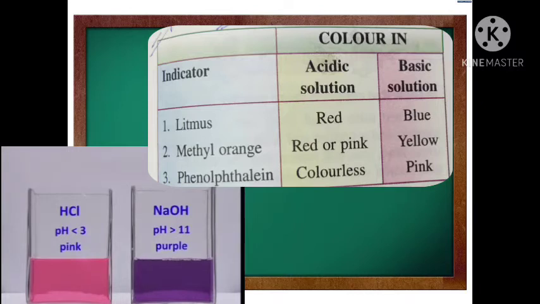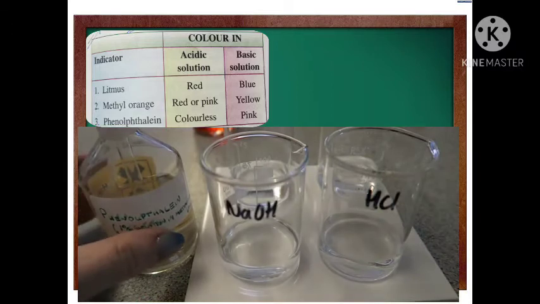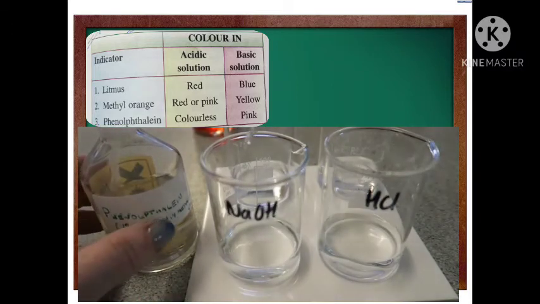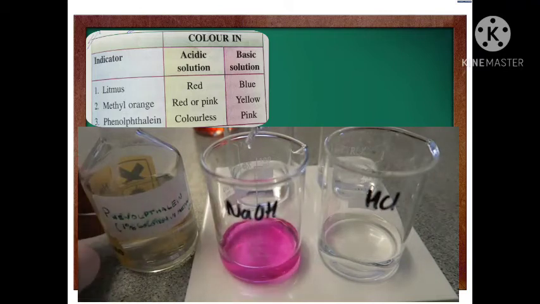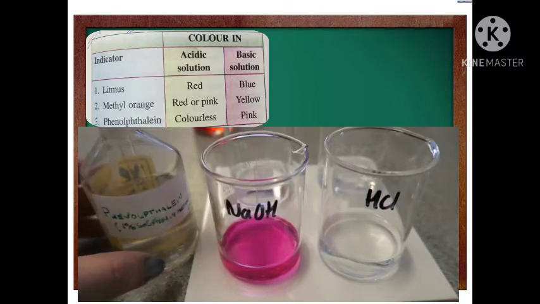The next indicator is phenolphthalein. When phenolphthalein is added to a basic solution, it turns it dark pink. On the other hand, phenolphthalein does not change any color in acid. That is, acids remain colorless on adding phenolphthalein.